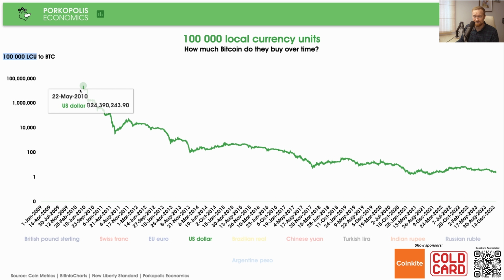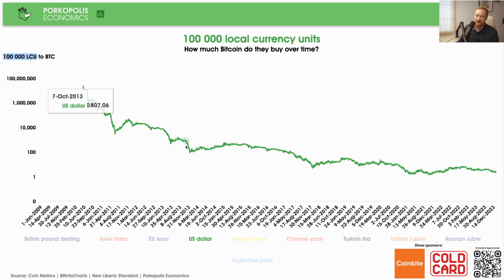In May 2010, it was only about 2.8, 2.9 million Bitcoins that had been issued. Right now, we're at about 19.6 million Bitcoins, and on and on until eventually around the year 2140, there's going to be 21 million Bitcoins issued per the protocol.